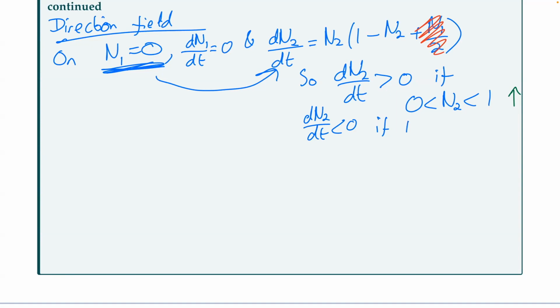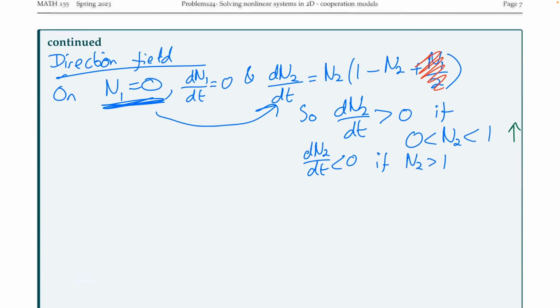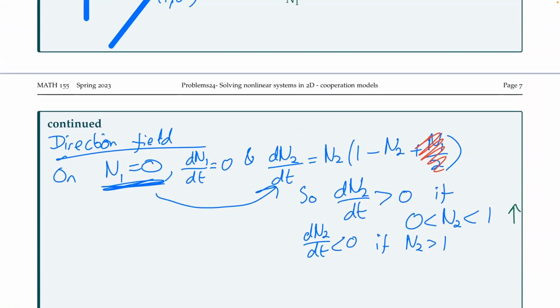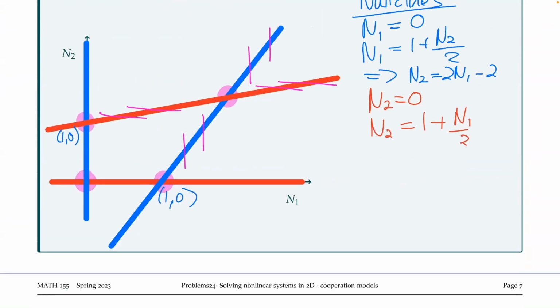But if n2 is greater than 1, then dn2 dt is going to be negative. So let's go back up to this diagram here. That means if n2 is greater than 1 and we're on this line n1 is equal to 0, we must be moving down. And if we're between 0 and 1, we're going to be moving up.